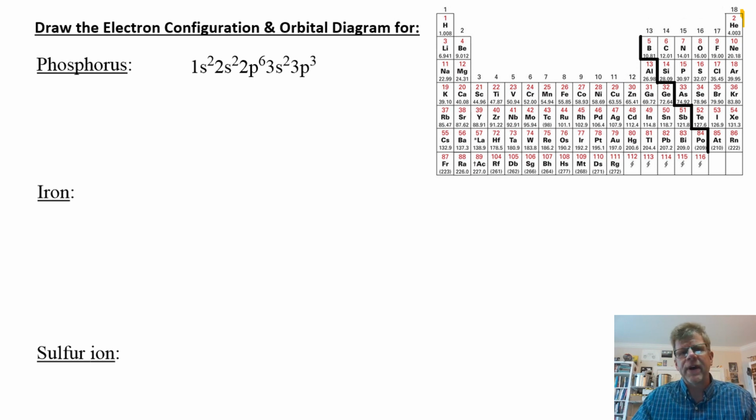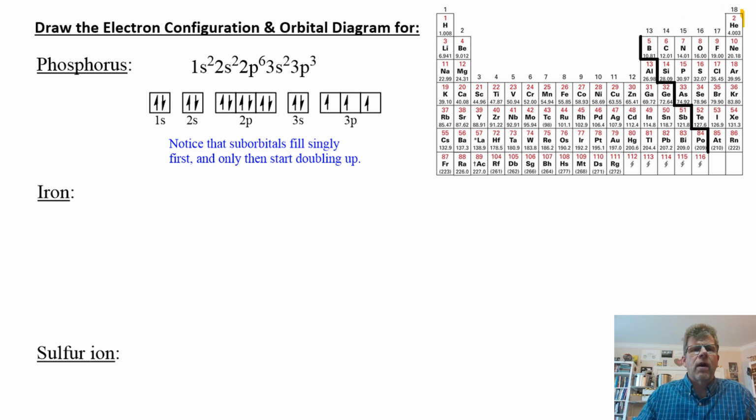So now for the orbital diagram, we essentially just have to start drawing boxes. S orbitals are one box, p orbitals are 3 fused boxes, and so on. Always important to label them: 1s, 2s, 2p, and so on. Don't just leave them unlabeled. But once we do that, what boxes do we draw? Well, we have the answer right here.